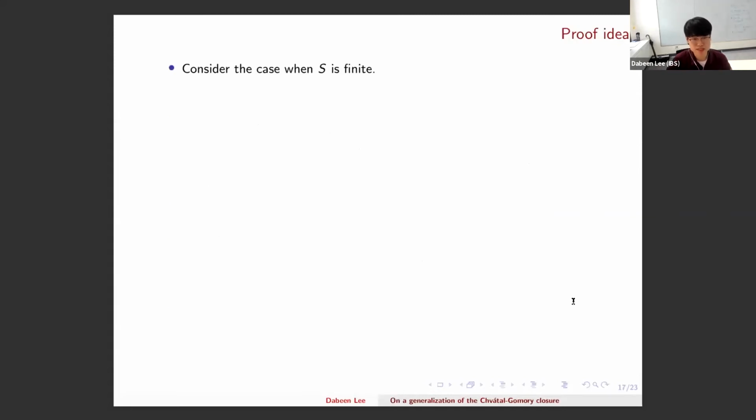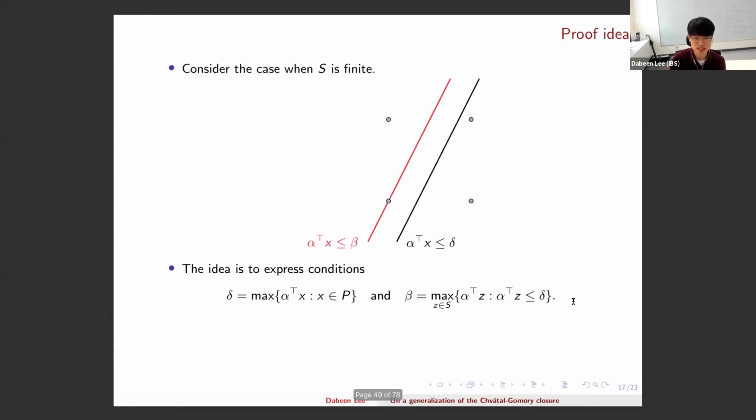So the finite case is dealt with separately. The idea is, if you take a linear inequality and look at a finite set S of integer points, then this inequality will partition the set S. One set contains the points above this hyperplane, and the other set contains the points below it.